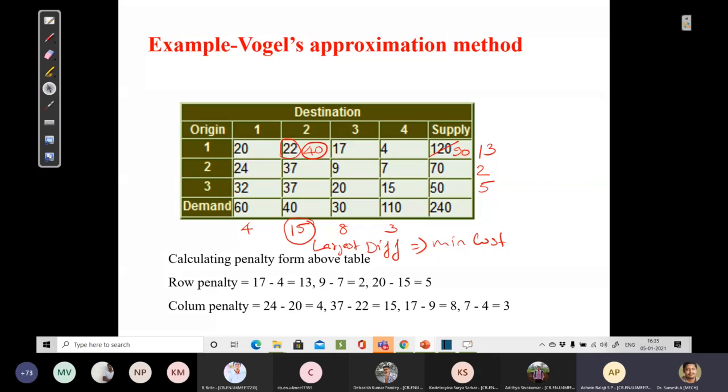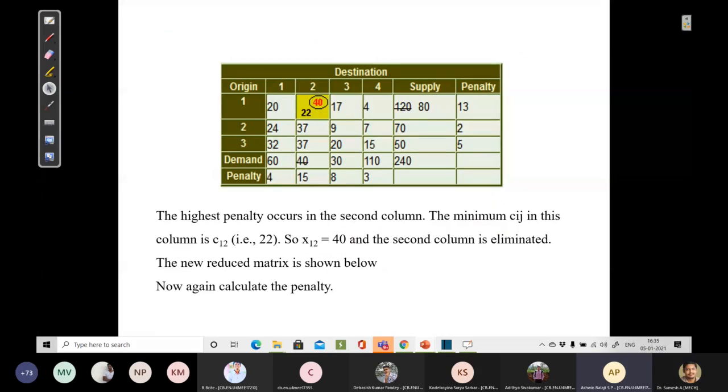Any doubts? No, sir. Okay. So that 40 gets removed.